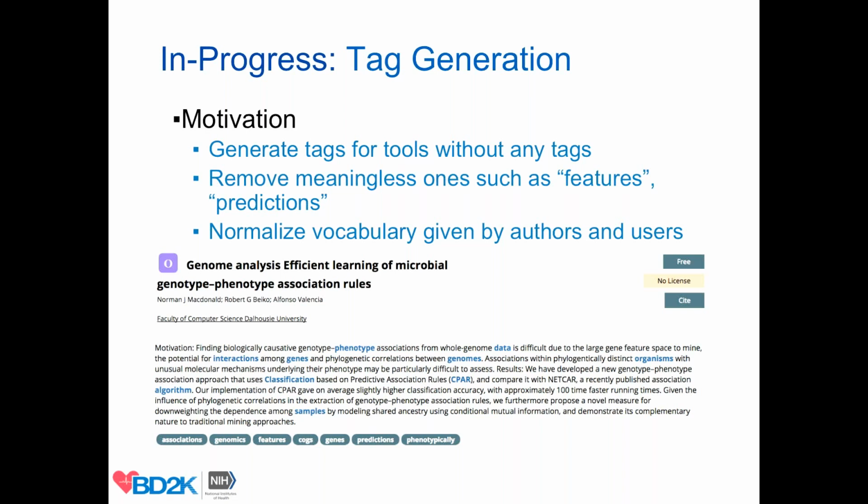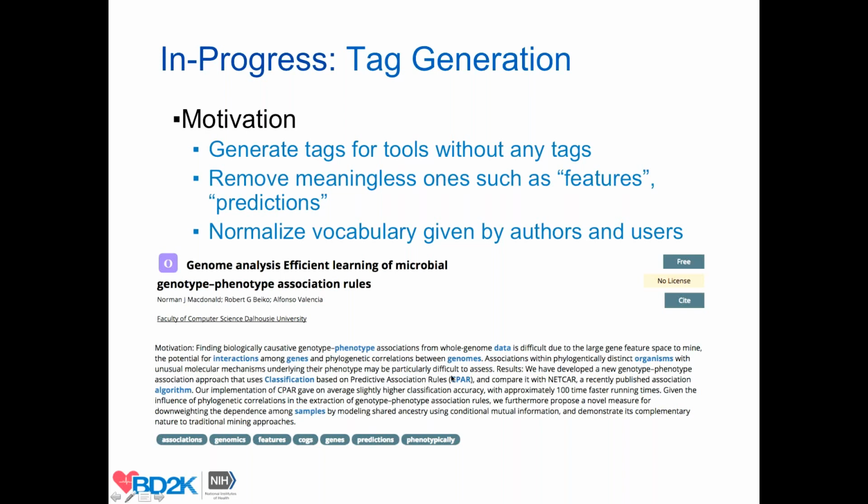We also want to normalize the vocabulary used by different tool descriptions. Therefore, we are devoted to extracting the meaningful and easily retrieved tags for each tool in the database and building a mechanism for automatically generating tags for newly submitted resources.